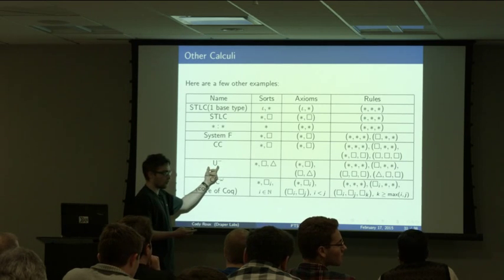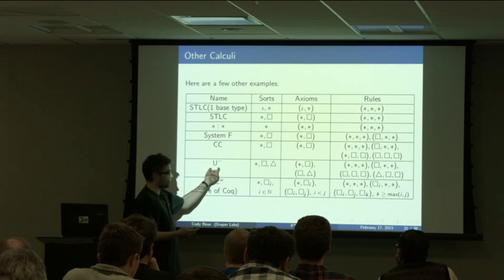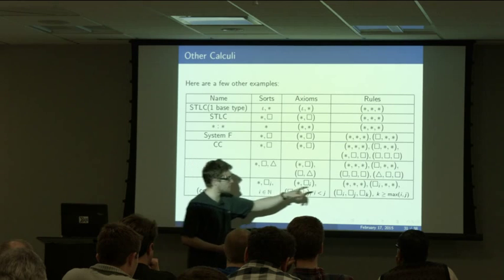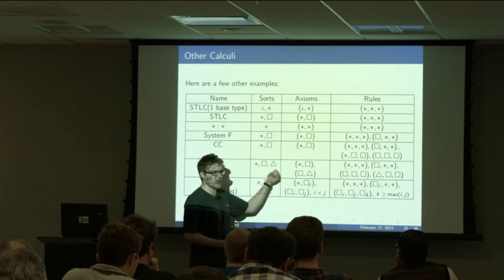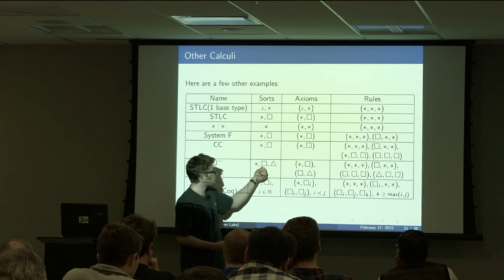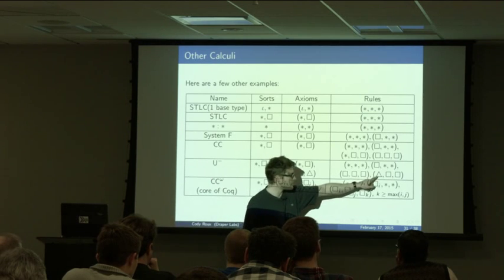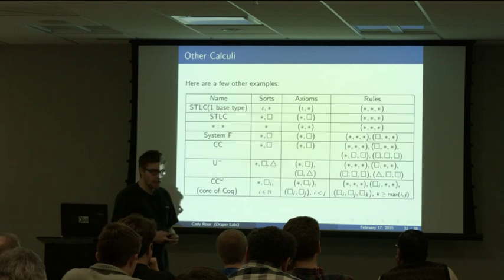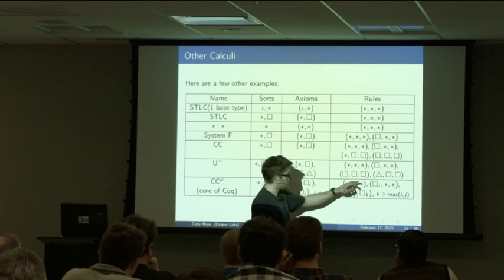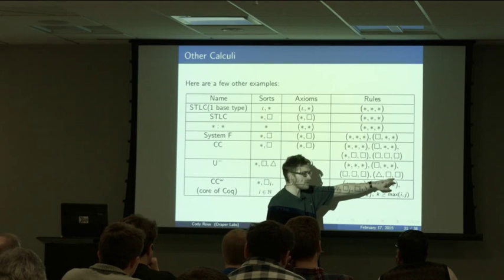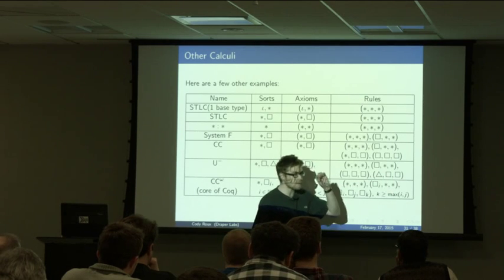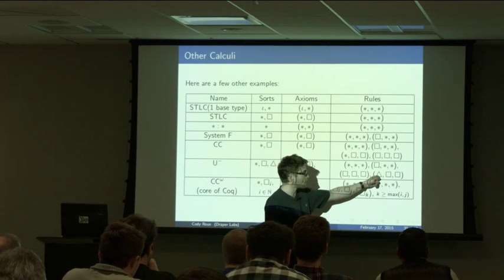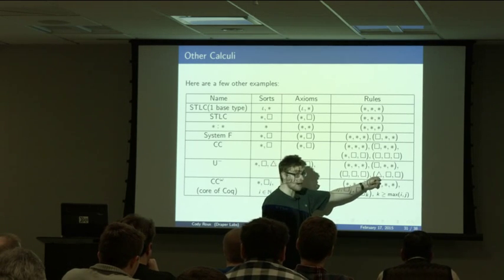Okay, so I'm going to talk about U minus later, but U minus has this really nice feature where it adds this extra triangle. It doesn't just have star and box, it has this extra triangle. Then it has this triangle box that seems pretty innocent. And what's nice about this is that this is basically kind polymorphism. So it explains another extension of GHC, which is the ability to quantify over all possible kinds.